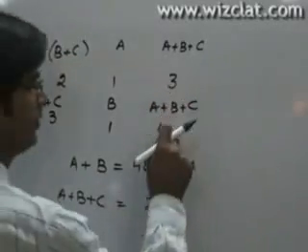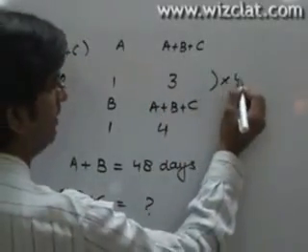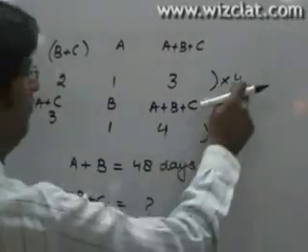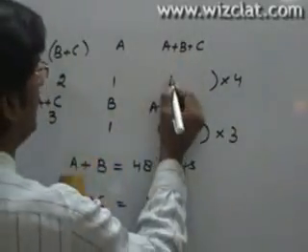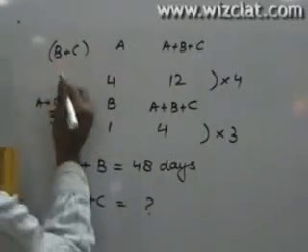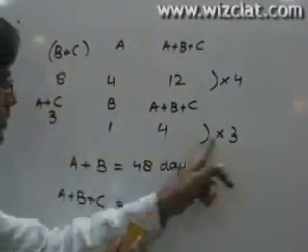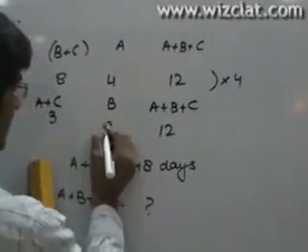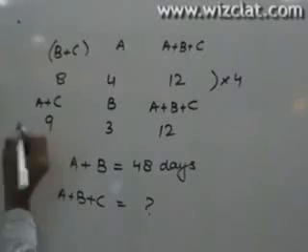Let me equate this value. For this I need to multiply this by 4, and this I need to multiply by 3. So I know 4 3s are 12, then I need to multiply everything by 4. So 4 1s are 4, and 4 2s are 8. Similarly, 3 4s are 12, 3 1s are 3, and 3 3s are 9.